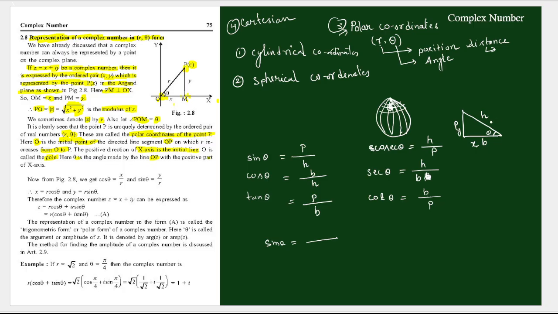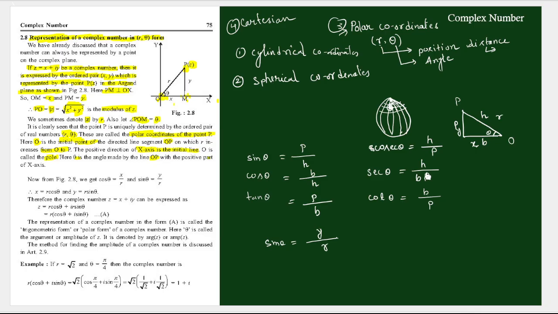This is O and this is our P, right? Then sine theta is y by hypotenuse. This is our distance r, so it will be y by r.